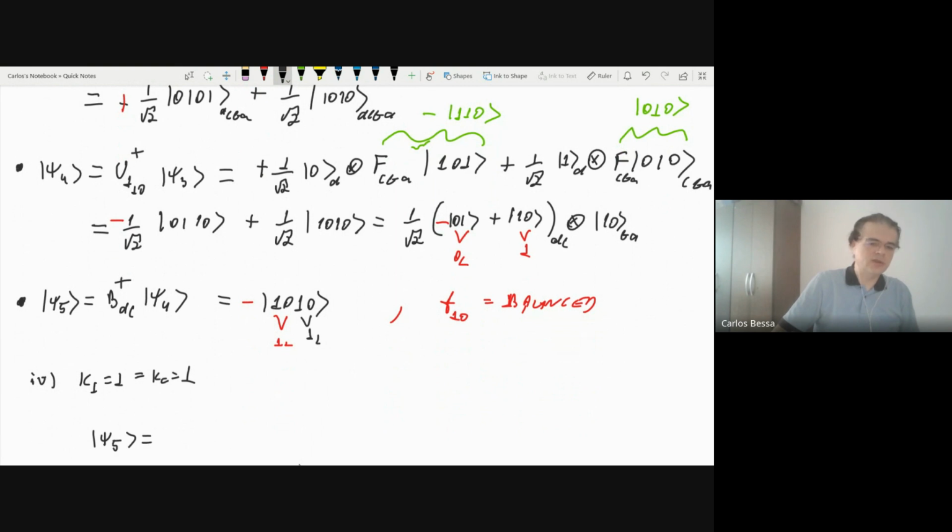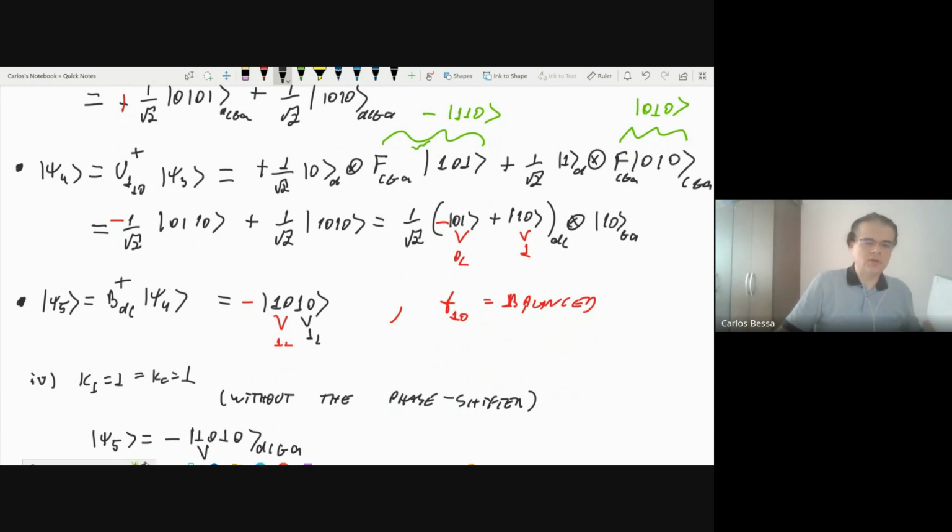So we find here, without the phase shifter, this is minus 1, 0, 1, 0, DCBA.